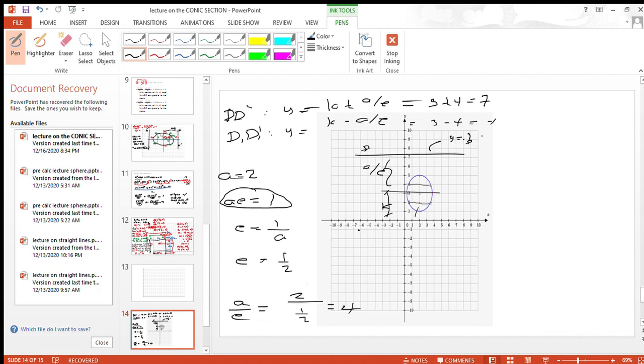So, yung isang directrix will be here. This is your D1, D1 prime. Okay? So that's an example of an ellipse with center at HK and major axis parallel to OY. Okay? So yung next video natin will be for the hyperbola.